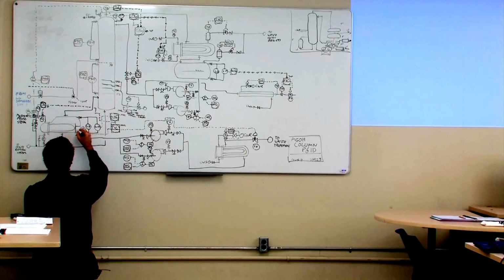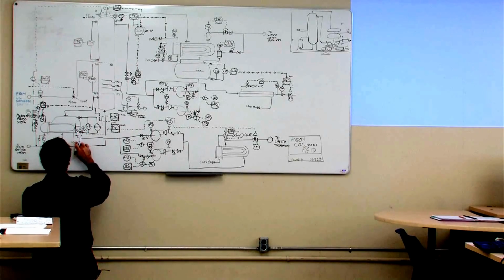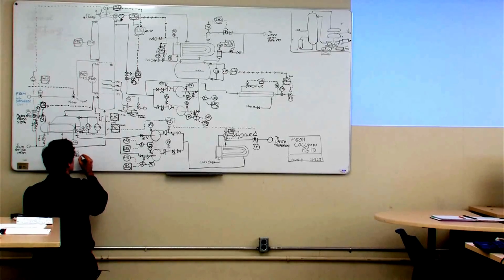Actually, you know what we can do? We can draw it sort of in the middle of the vessel here. I've done this before. So you draw a little circle there, and then have a level switch low, like that. And that can have a level alarm low in the DCS, and then you may want to trip your pumps.